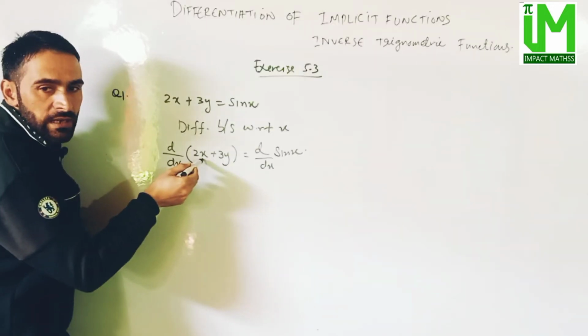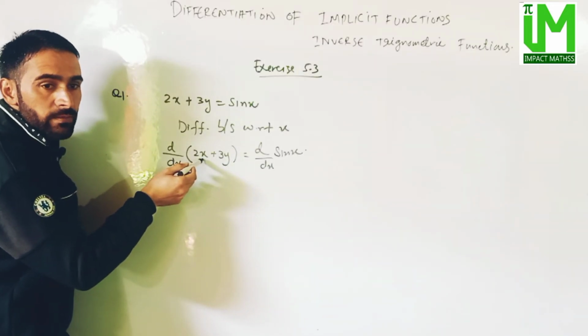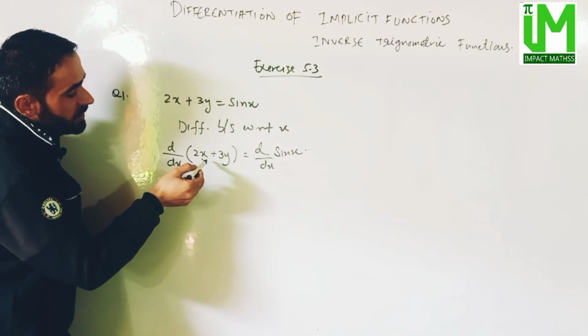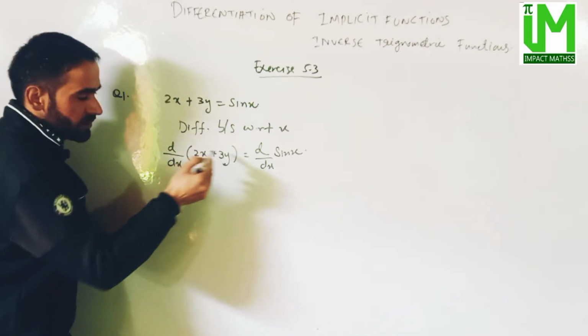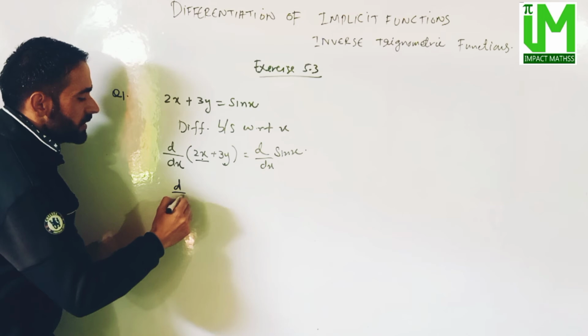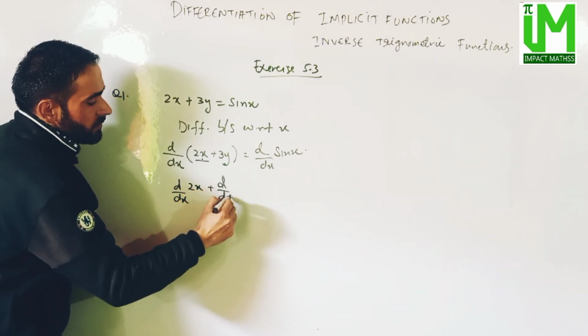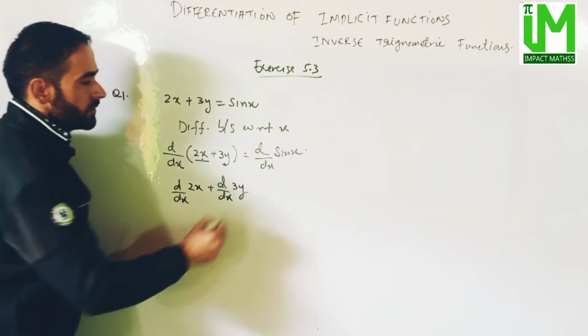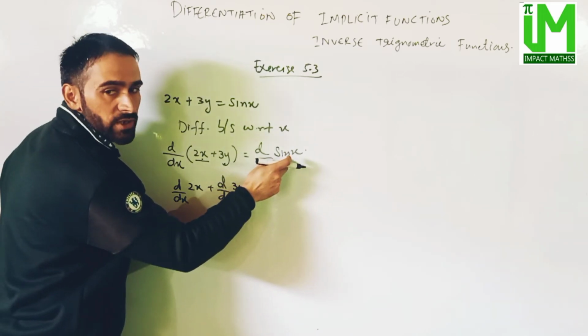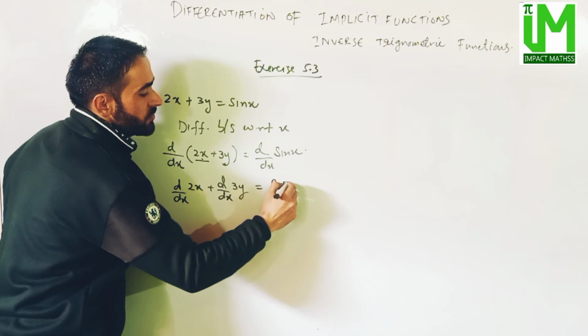The derivative of a sum means the sum of the derivatives, so it will be d by dx of 2x plus d by dx of 3y is equal to the differentiation of sin x, which is cos of x.